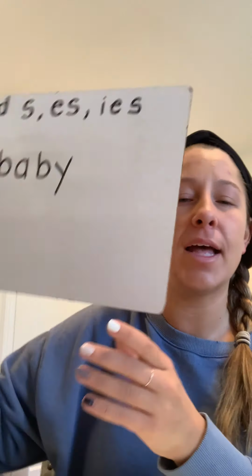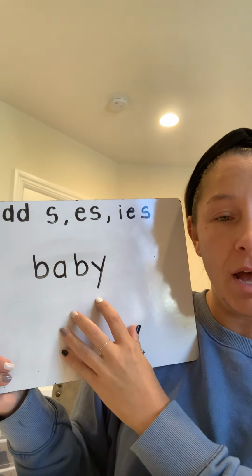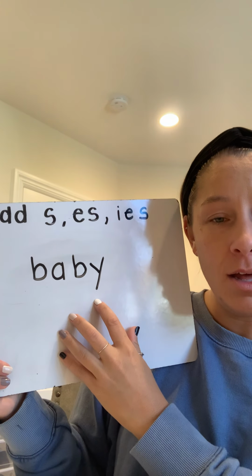So let's look at another one of our spelling words together. We have the word baby. Now a baby is a person. That is a noun, and it also ends in Y. Okay, now, what am I going to do?